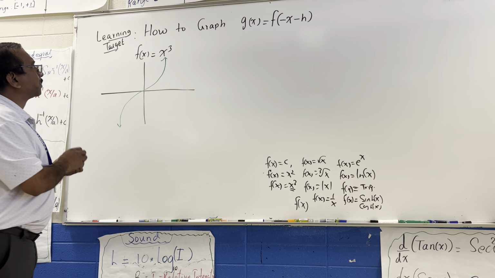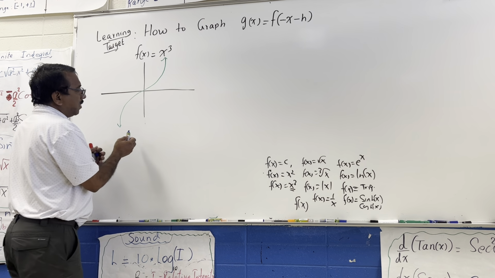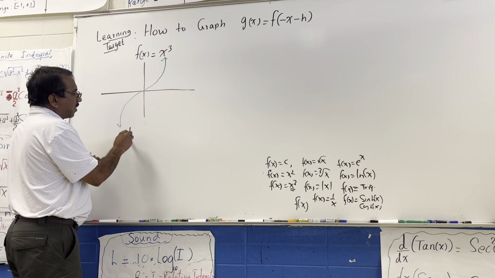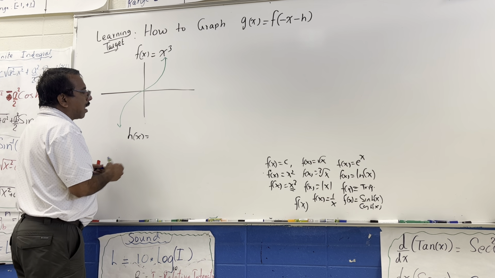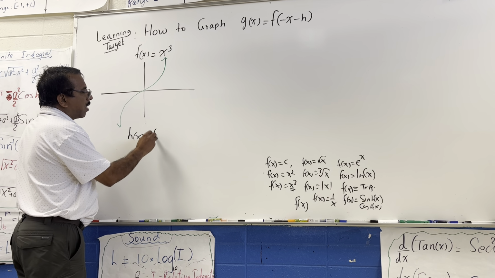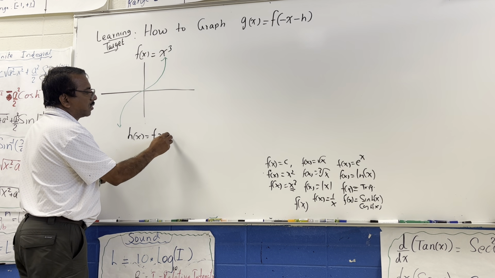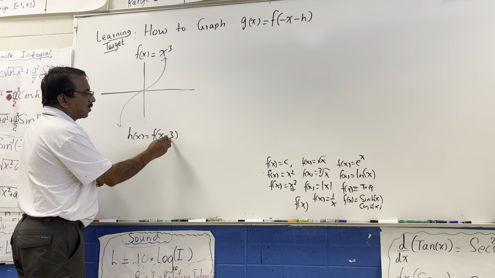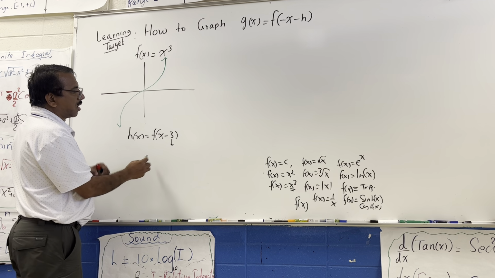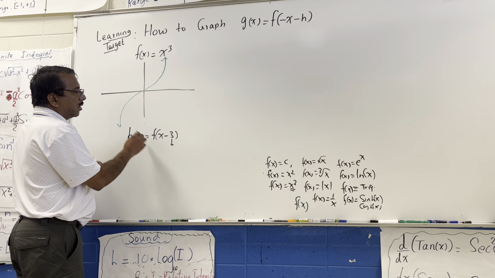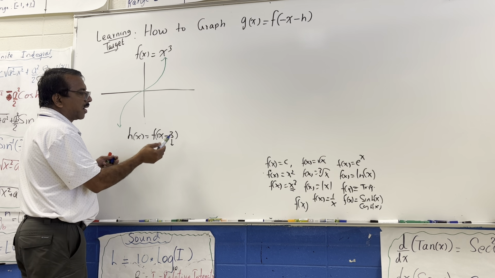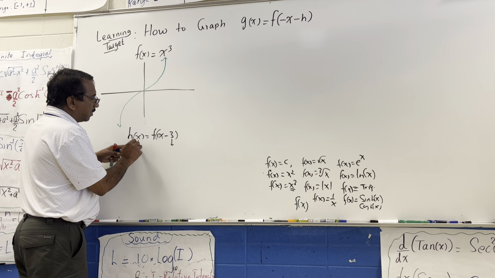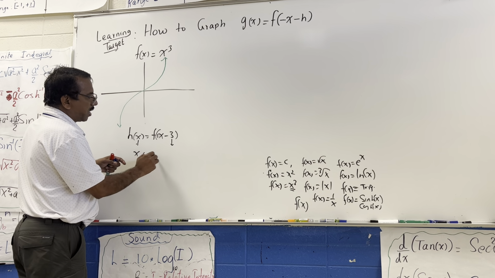So now the easy part is if we were asked h(x), let's say h(x) is f(x minus 3). What it means is that the original graph, the green graph, shifts. Remember, there's a 1 here, right? So it's x minus 3. The input right now is x minus 3.